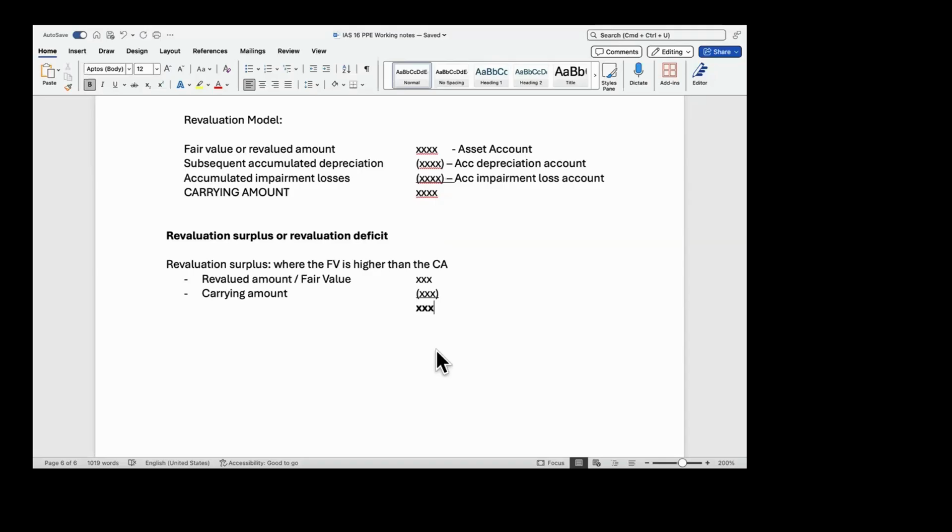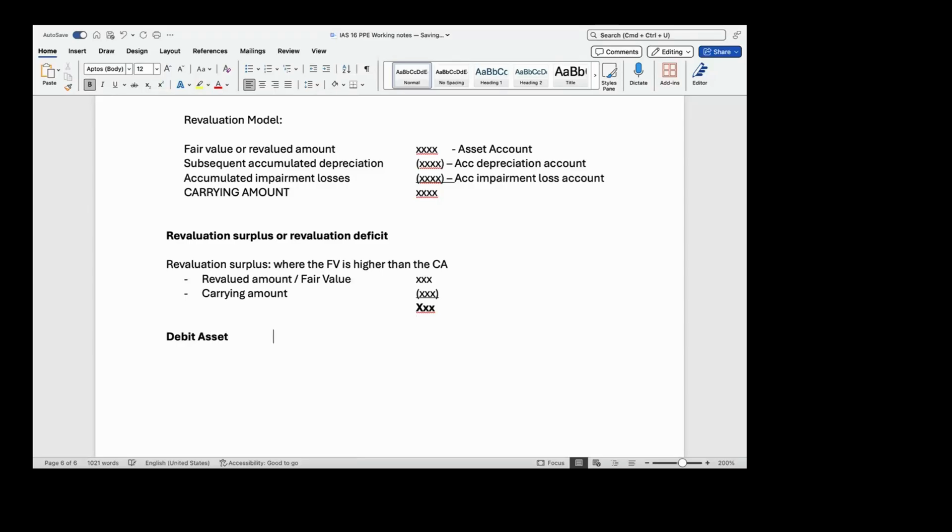You have not earned it. You can only earn this type of income when you actually sell these assets at that increased amount. But for now, you have not earned it. You leave it in the other comprehensive income. That goes to show that when you make a revaluation surplus, yes, the value of the asset has increased. So you most likely are going to debit your assets, right?